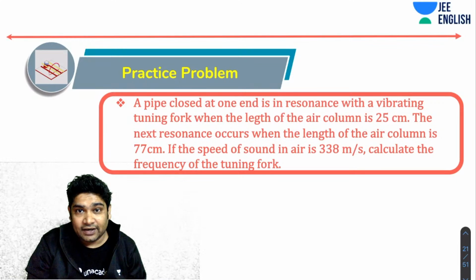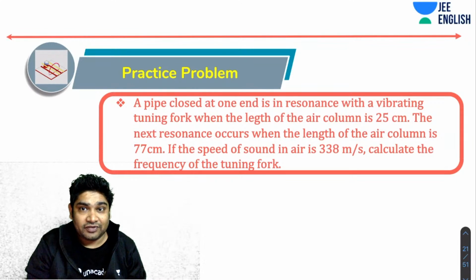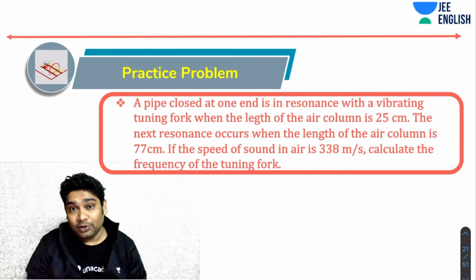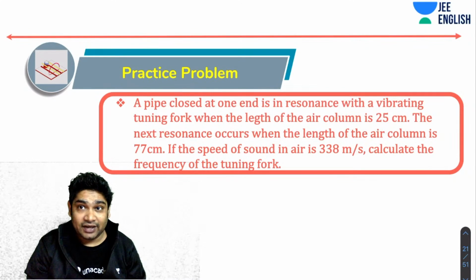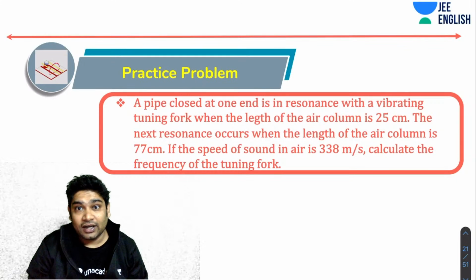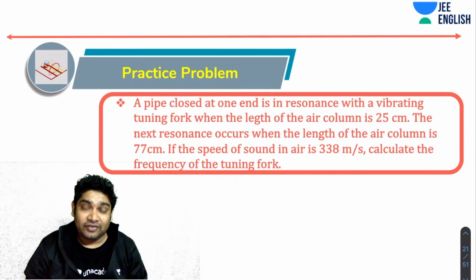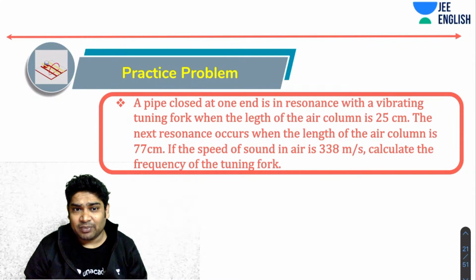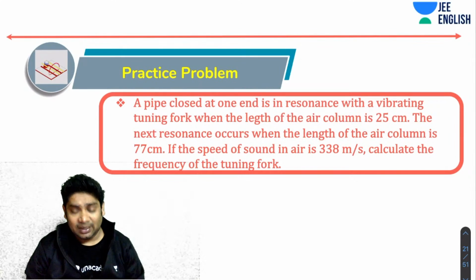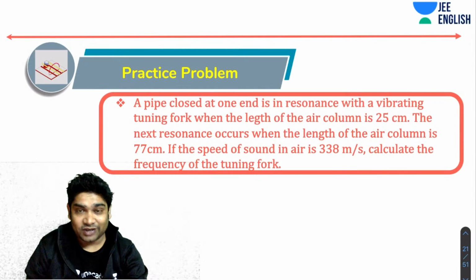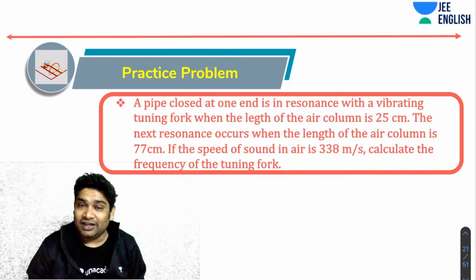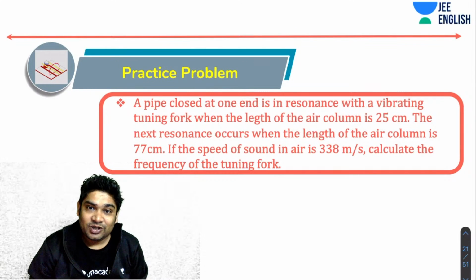With the given data, you have to try and figure out the frequency of the tuning fork. As I told you, this is the resonance method, the resonance column method of determining the frequency of an unknown tuning fork. Again, if you check the previous year papers, a lot of questions in advanced and mains have been asked from this method. So you guys should be very clear about how to solve questions using this method.